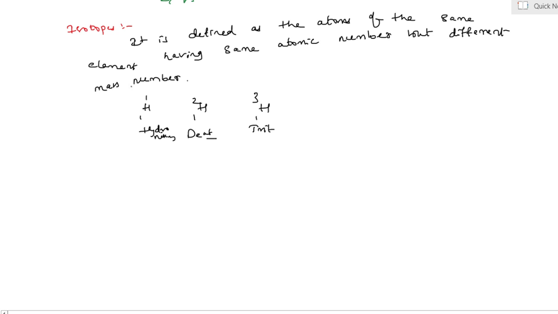Yes, having the same atomic number but different mass number is termed as what? Isotopes. Yes, my dear students.